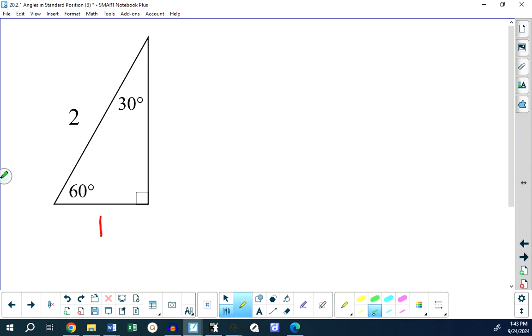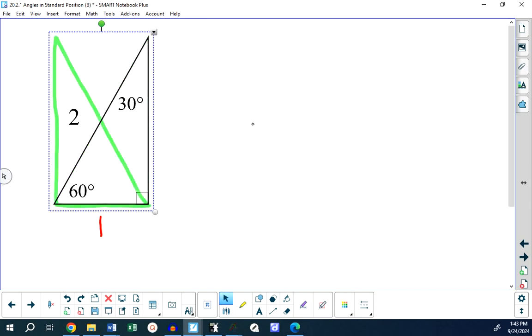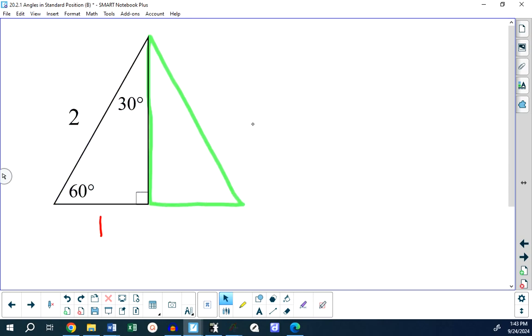If I take this triangle and reflect it horizontally and put it here, and look at this whole triangle now, I'm focusing my attention on this whole triangle.